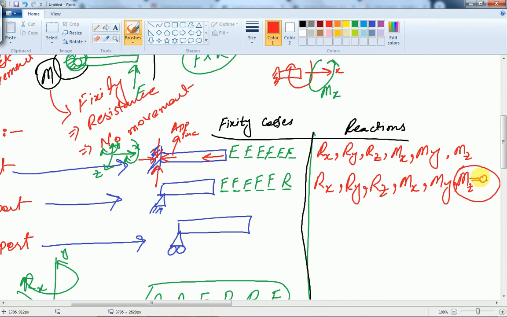This is the property of pin support: in the direction of pin, the moment about that axis will be zero.